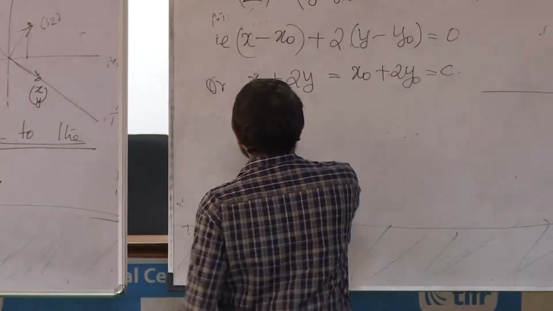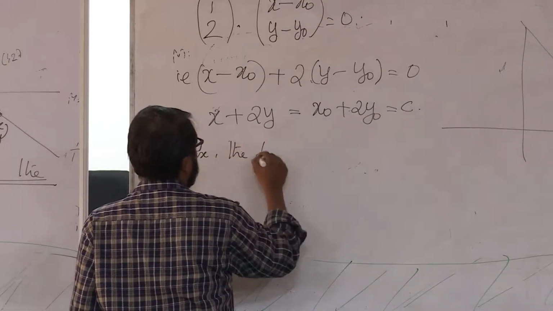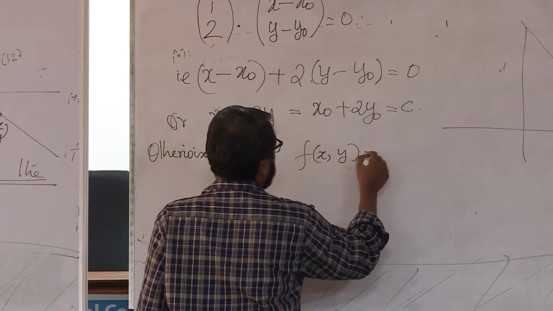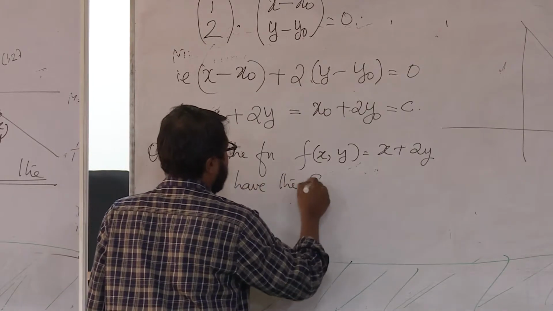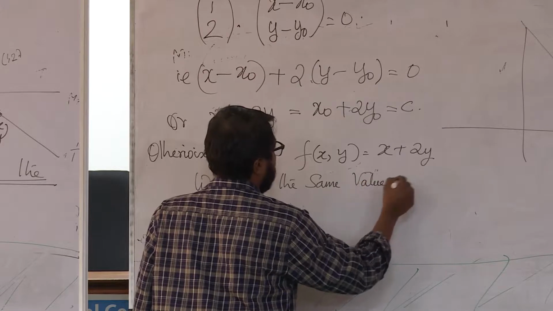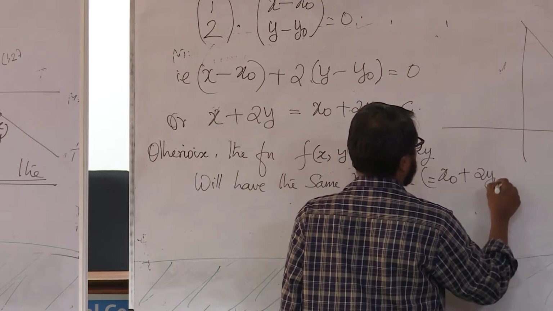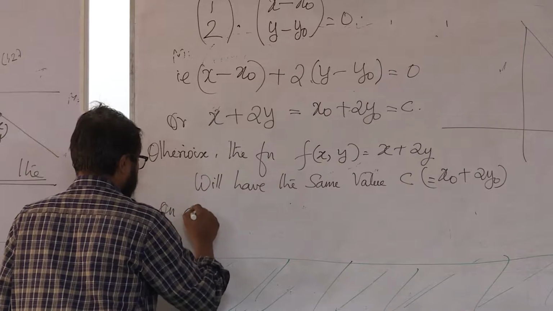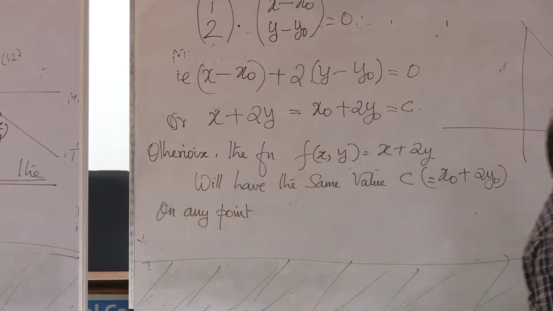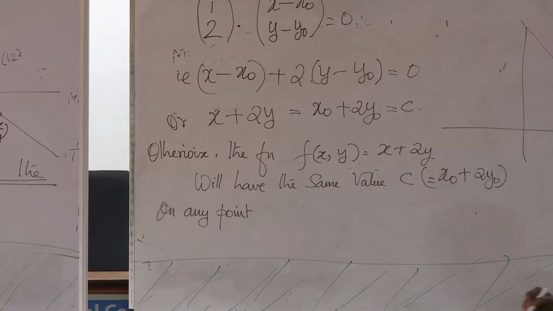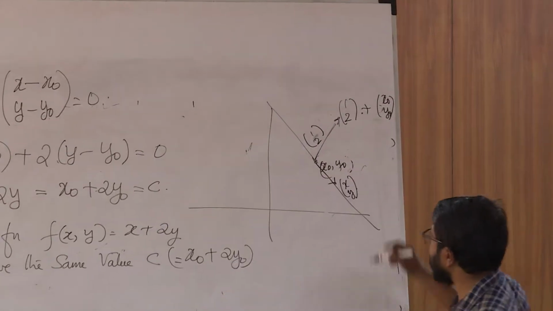Now, what I find is that the function f(x,y) equal to x plus 2y will have the same value c, equal to x naught plus 2y naught, on any point on this line. Basically any point on this line.